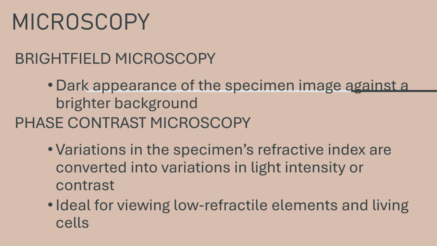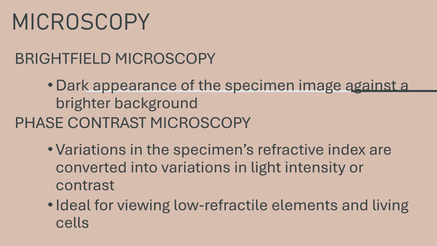Your phase contrast microscopy: the variations in the specimen's refractive index are converted into variations in light intensity or contrast. Areas of the specimen appear light to dark with halos of varying intensity, related to the thickness of the component. Thin and flat components produce light haloing.